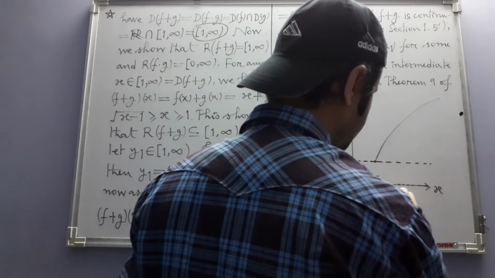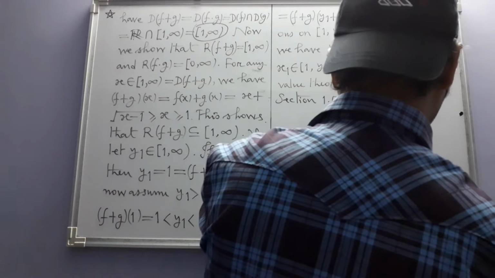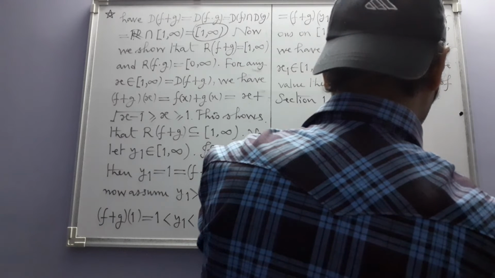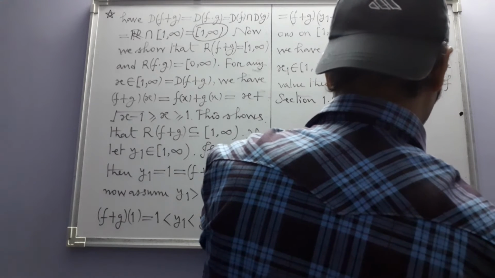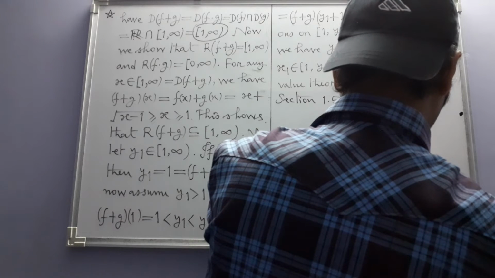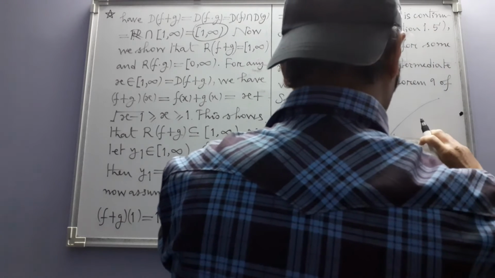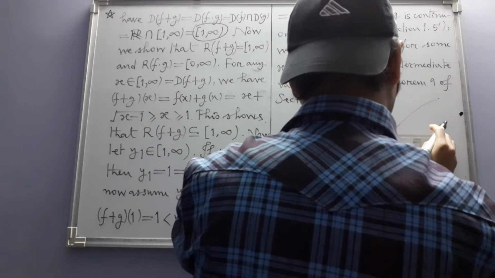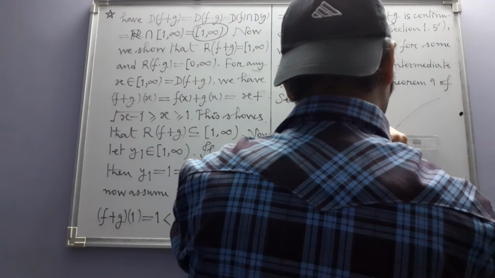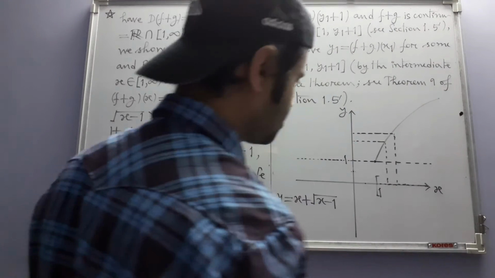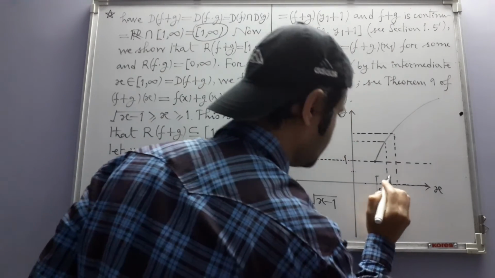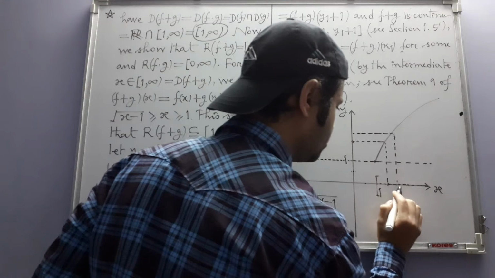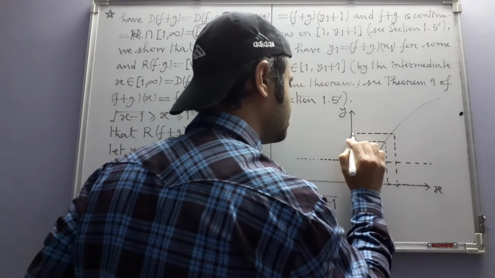That is the case because when our inputs are coming from here, if you look at the outputs, all the outputs are here. These are the corresponding outputs. For this input, this is the output. For this input, this is the output.